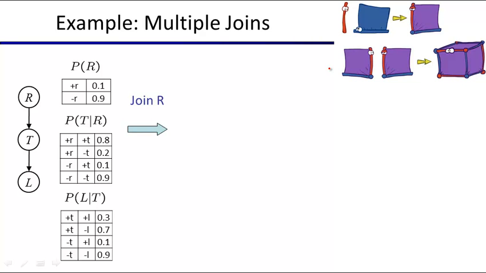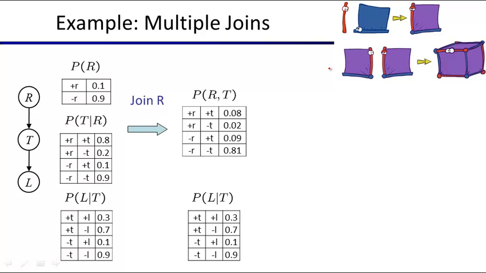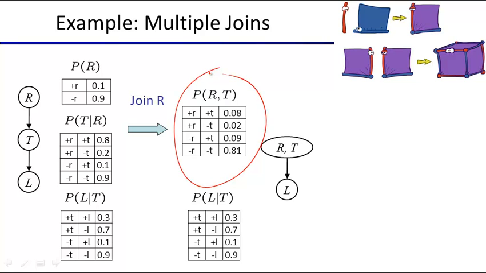So let's do that. We already joined on R in the previous slide. We got this result over here. Now let's also join on, let's see, maybe we'll join on T, which means we have to combine.